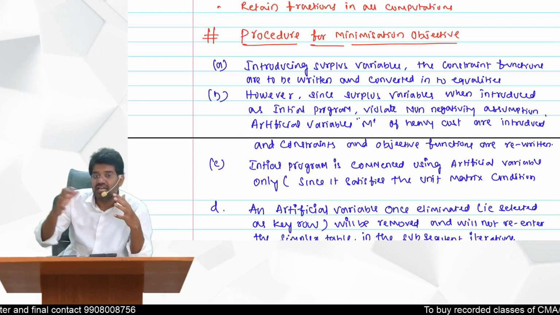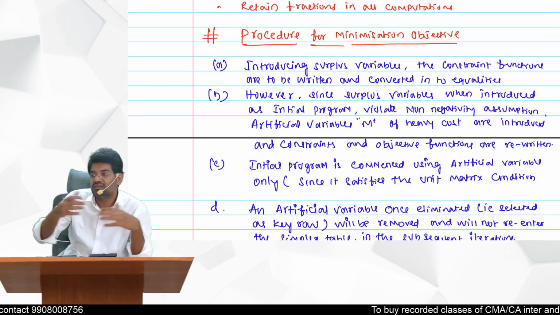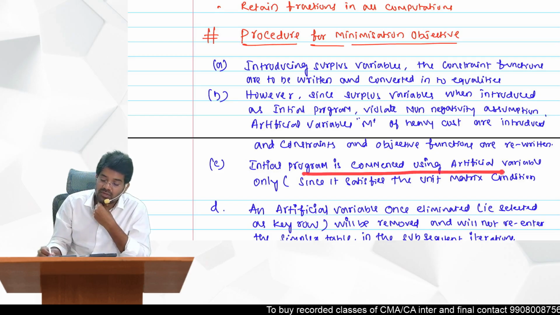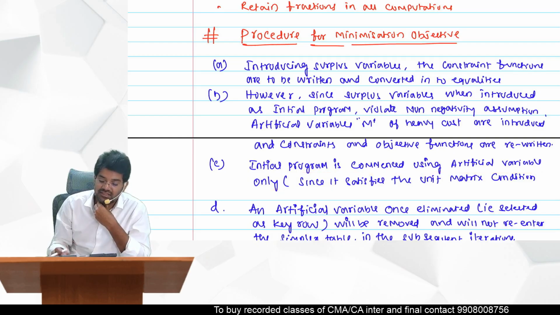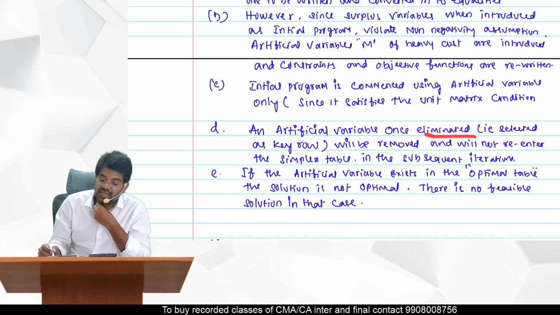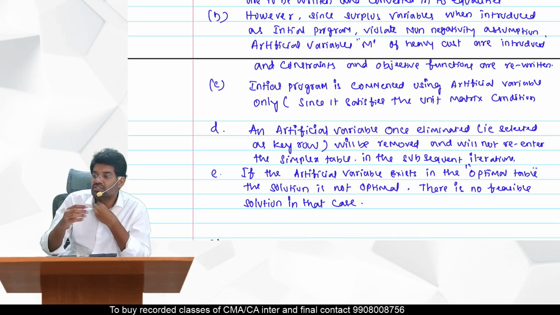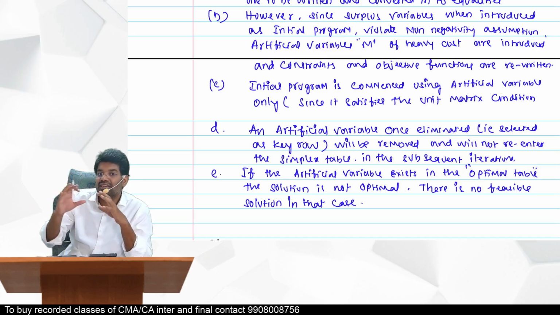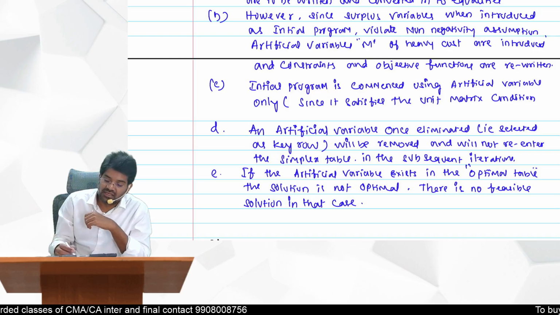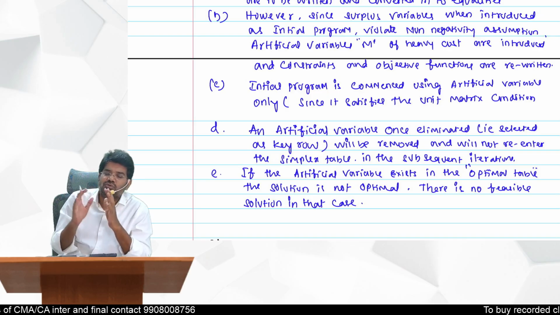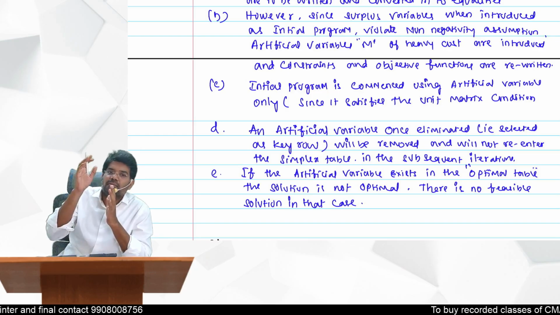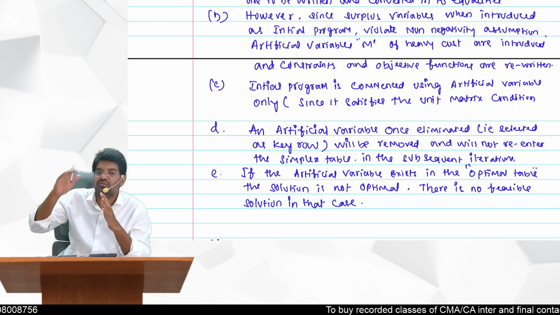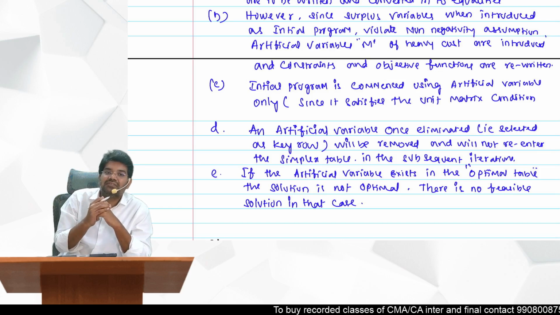Then you will get the standard form, then you should perform the normal steps, whatever I have given you. So the initial program commences with artificial variables only. Once an artificial variable is eliminated, we will try to eliminate these in our calculations so that we get only decision variables. Right, so all steps are the same, students. Only thing is, since the minimization objective constraints will be of greater than or equal to type, we will have surplus variables and artificial variables.